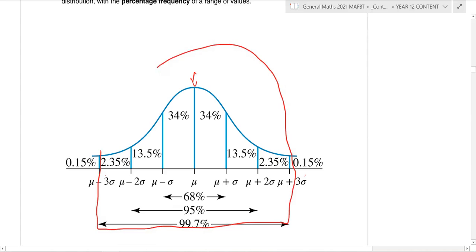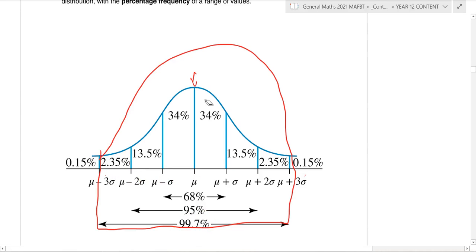So nearly all of your data is found within 3 standard deviations below and 3 standard deviations above. Okay, so the standard deviation again signifies how far you've gone from the middle. And if it's 3 above and 3 below, that's already 99.7% of your data.